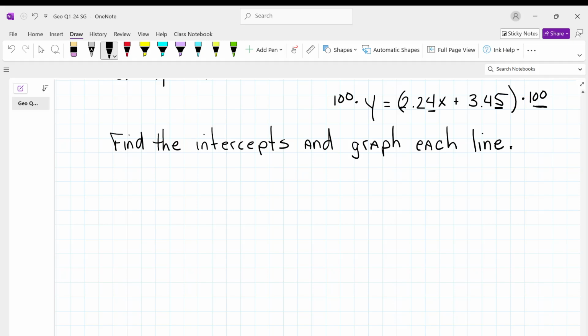Find the intercepts and graph each line. You will be given equations in standard form. So let's take an equation like 3x plus 5y is equal to 15.